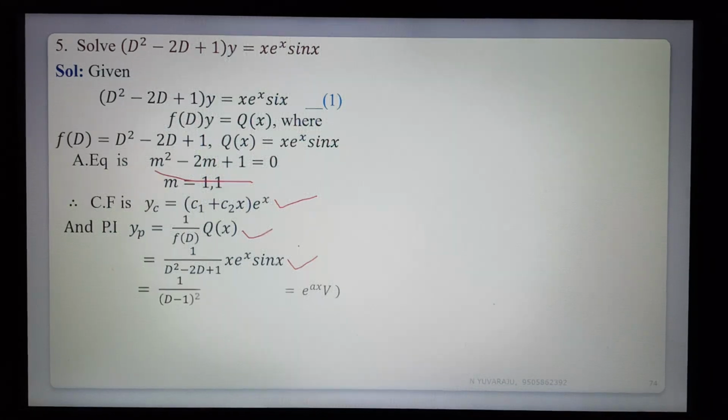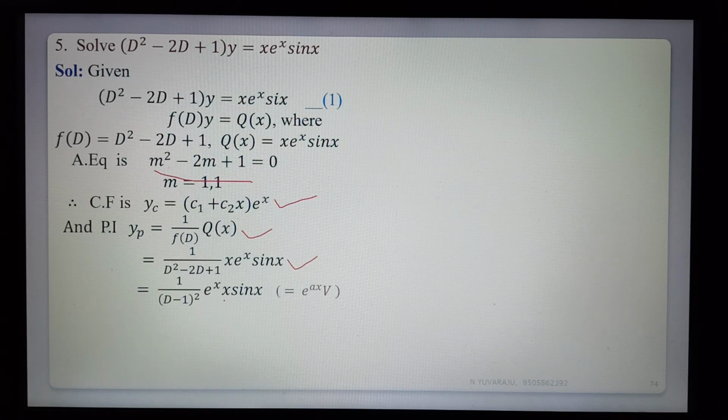So that can be written as e^x into x sin x, which is of the form e^(ax) V. Here a = 1, in the f(D) replacing D by D + 1. So that is equal to e^x into 1/[(D + 1)² - 2(D + 1) + 1] into x sin x.